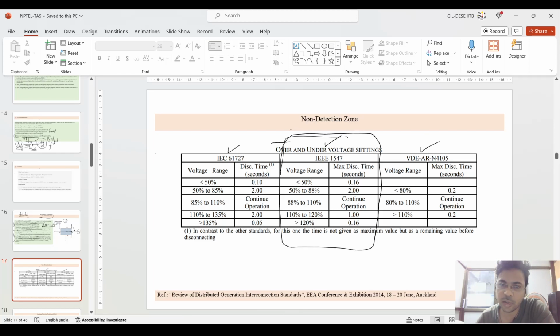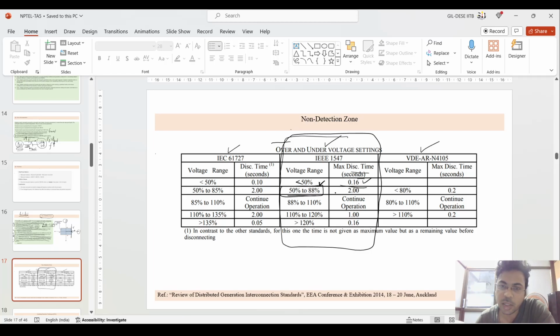Suppose you focus on the IEEE 1547 relay setting. If the voltage is lower than 50%, the maximum disconnection time is given as 0.16 seconds. It means that when the voltage is lower than 50%, the relay should operate within 0.16 seconds itself. This is the maximum disconnection time.